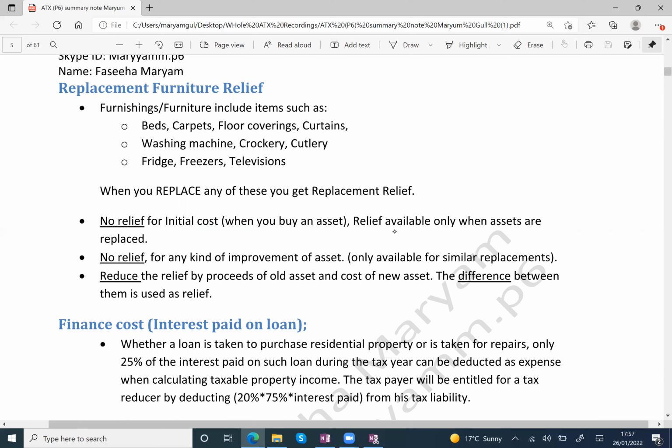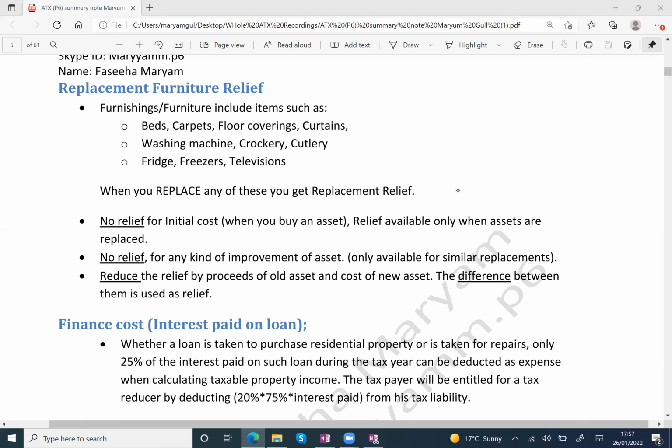All these things you are using normally in your house. So when you replace these things, you will get the replacement furniture relief.